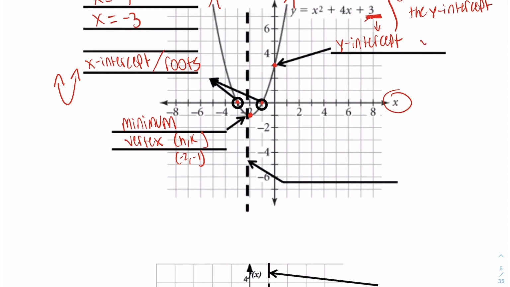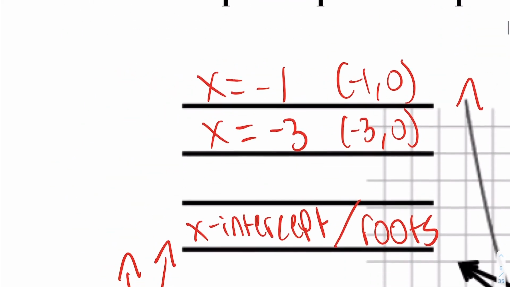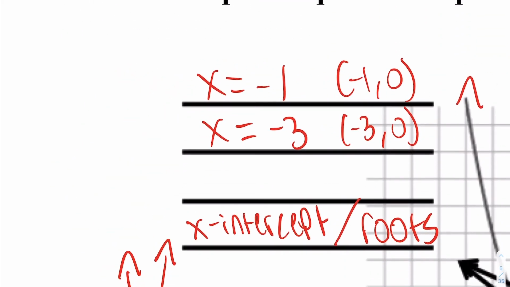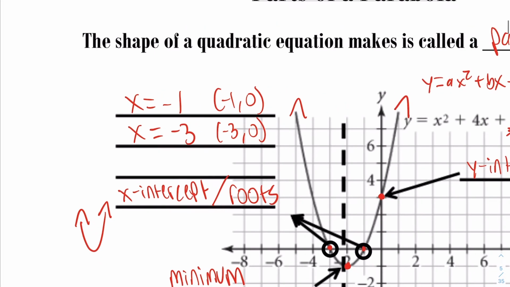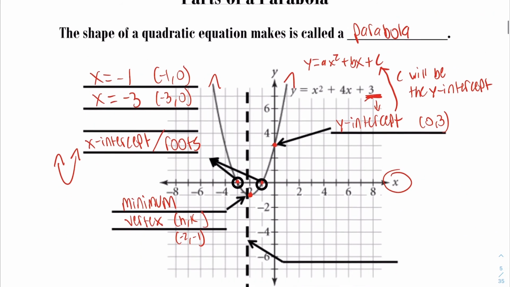The y-intercept was y equals 3, or I guess a better way to label these would have been 0, 3, and this would be -1, 0 and -3, 0. I would be okay with it just saying x equals -1 or x equals -3, but on a test, you might see it as an ordered pair also, like you used to see it in the past in this class.